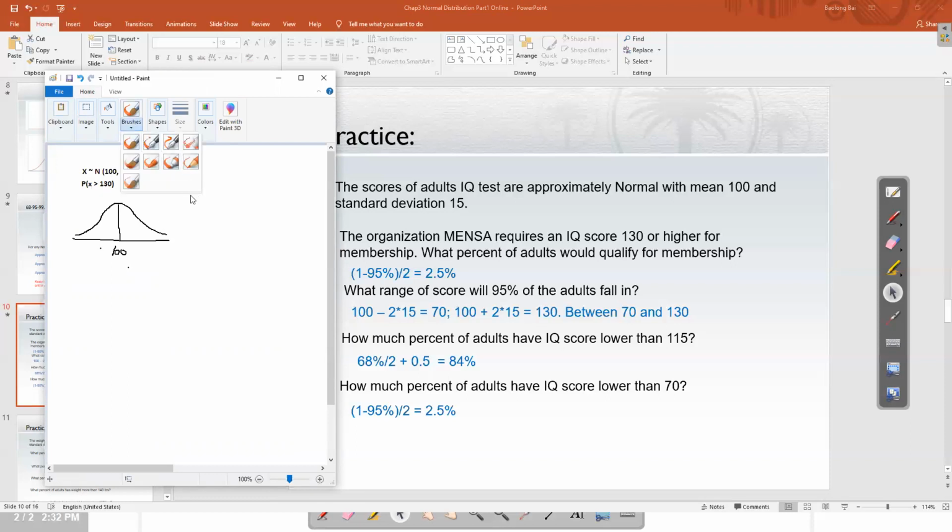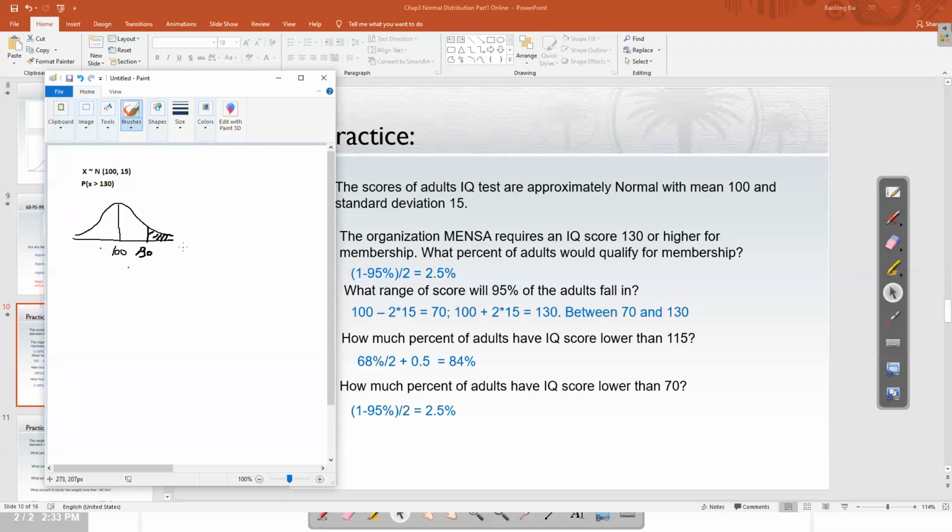So let's go ahead and find the area. That's 100. 130 will be somewhere to the right. And then the event is greater than 130, so you're looking for the area to the right. How do I find this area?